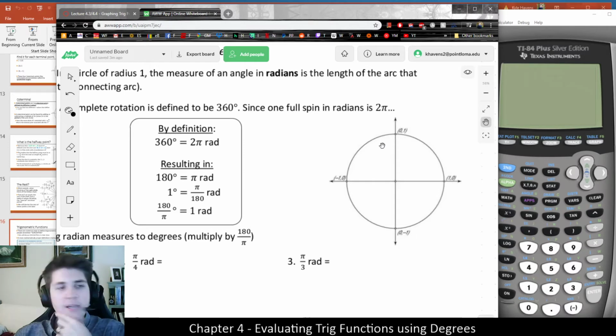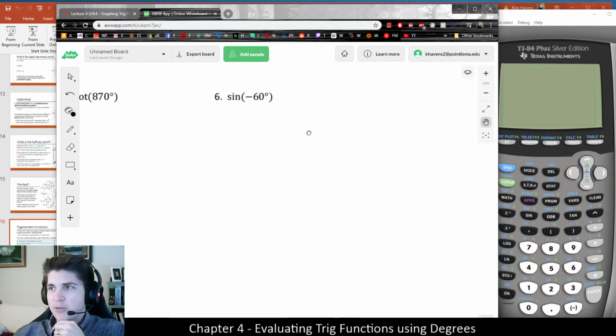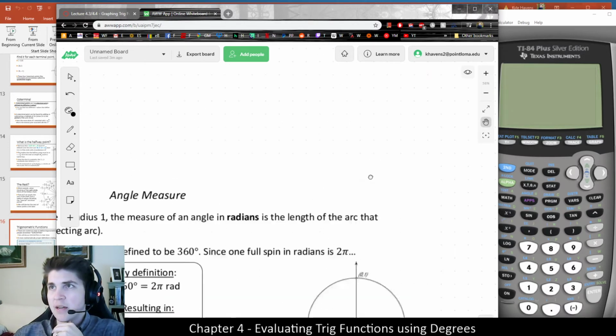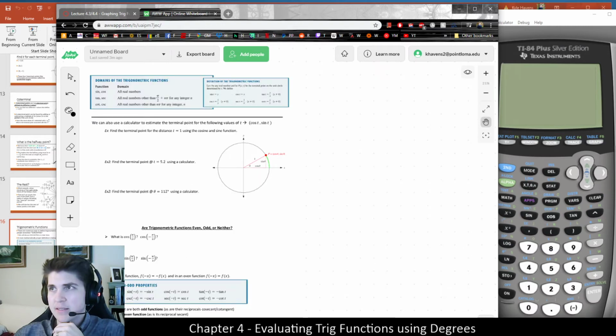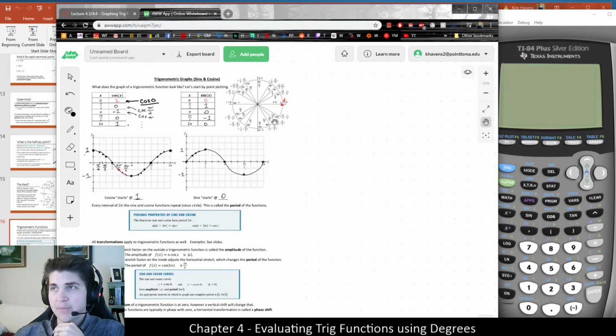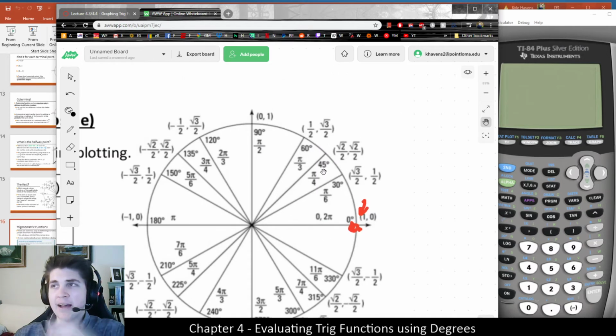When we're looking at a filled-in unit circle, which we've been using quite a bit, it's in one of the pages of the packet, like this one. It presents the position both in terms of degrees and radians. For example, the first terminal point, pi over 6, could also be defined as 30 degrees. Pi over 4 is 45 degrees.